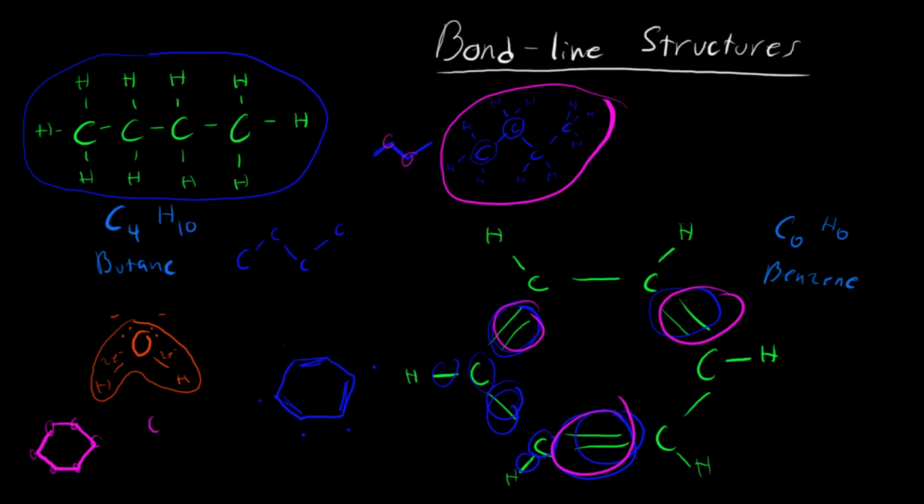So that must be C, C, C, C, C, and C. And also, because carbon makes 4 bonds, we could say hydrogen, hydrogen, all the way around. I'm not going to write it all out because that'll just take too much time. And because it takes too much time is exactly why we write bond line structures.